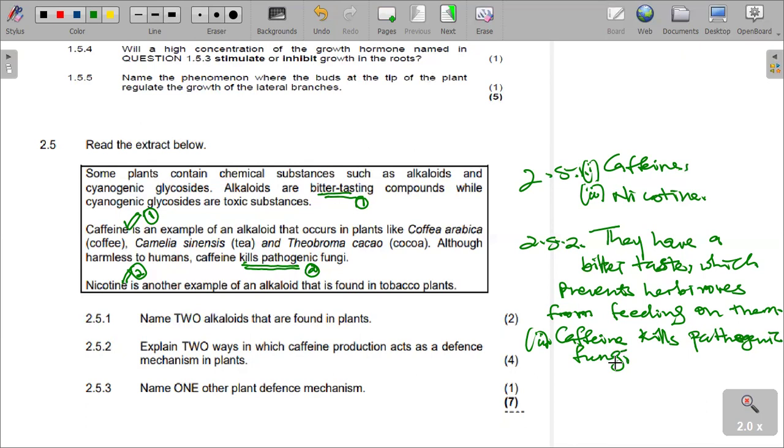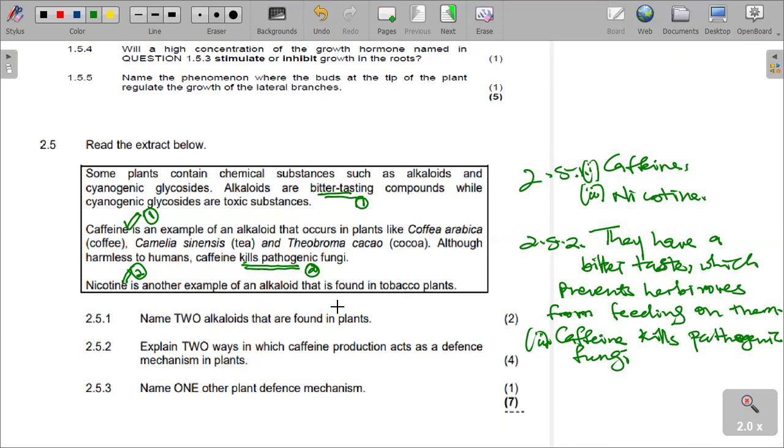And then, which is also protecting plants from diseases or death. I'm sure you know these fungi attack plants, they grow like molds on vegetation.